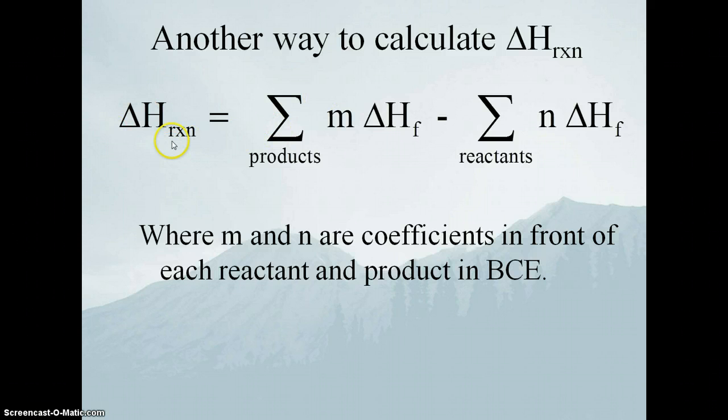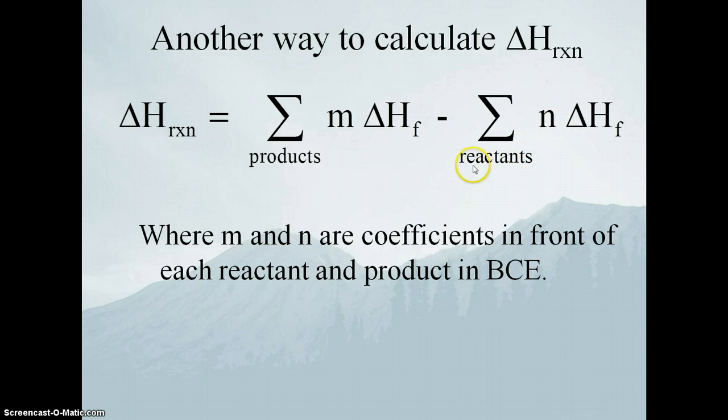Now, for my reaction, whatever it is, generally it's not making all of those products from the elements in their standard state. But this is how much it would be if I made them from elements in their standard state. And then what we do is we subtract off the associated value for the reactants.